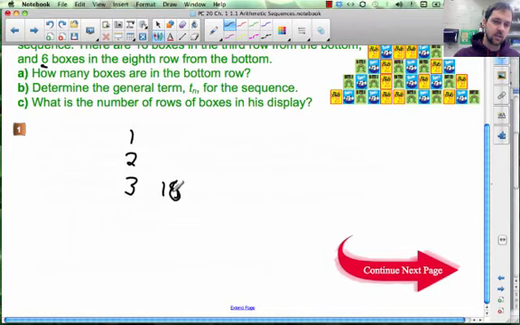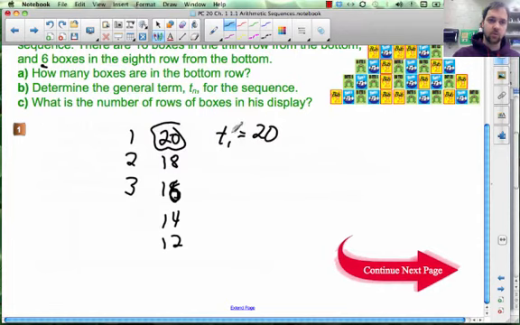Here we had 16 boxes, and we know that we jump by -2 every time to move on to subsequent rows. But if we wanted to work backwards, then we would do the opposite and we would just add 2 every time. And our bottom row would have 20 boxes. So now we have T1 equals 20, which is the answer to question A.